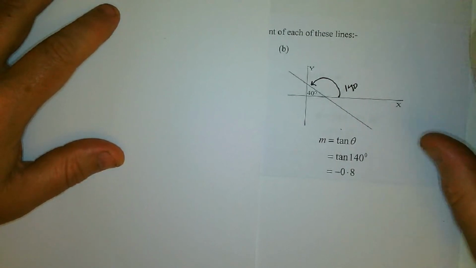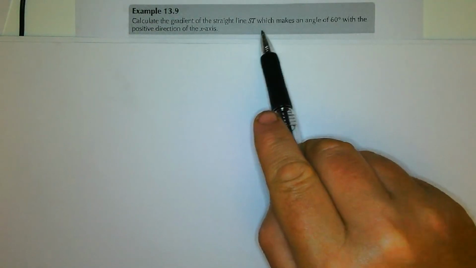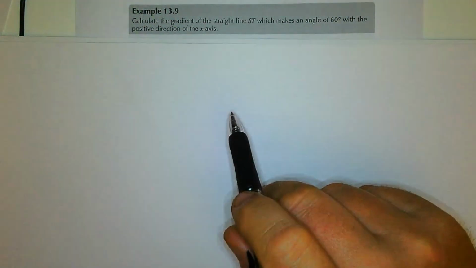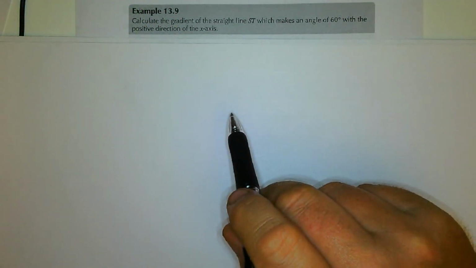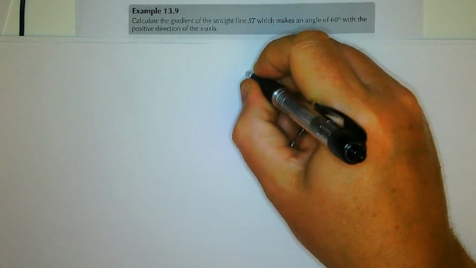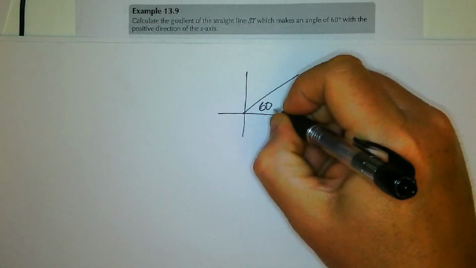Right, I'm going to give you an example. You can pause it and then you can try it yourself. And again, it's not got a diagram. Calculate the gradient of the straight line ST, which makes an angle of 60 degrees with the positive direction of the x-axis. So basically you just do a sketch. 60 degrees.